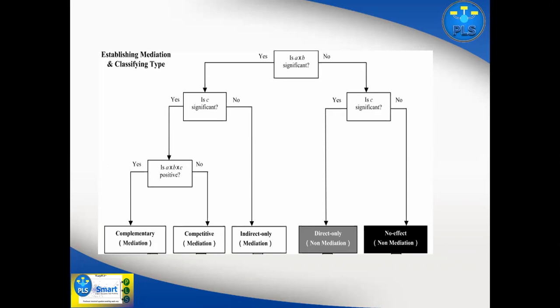If it's significant, you still ask: if you multiply the path coefficient of x to m, the path coefficient of m to y, and the path coefficient of x to y, are they positive? If they are positive, then you conclude that there is complementary mediation. We are just repeating what we said earlier. If it's not, then there is no mediation, and you just have to report that there is no mediation.